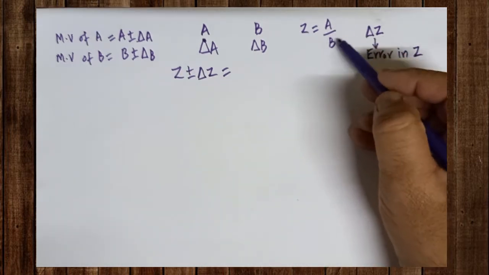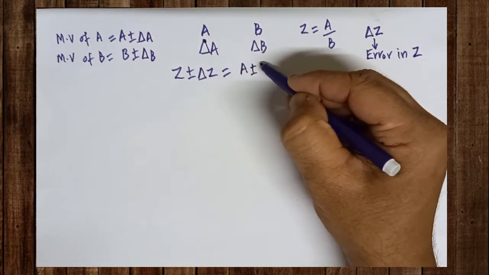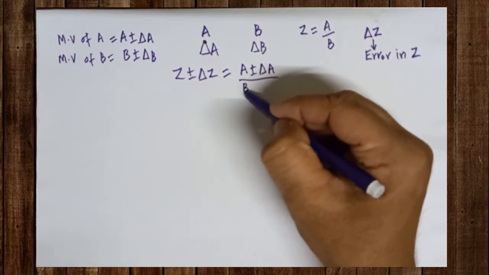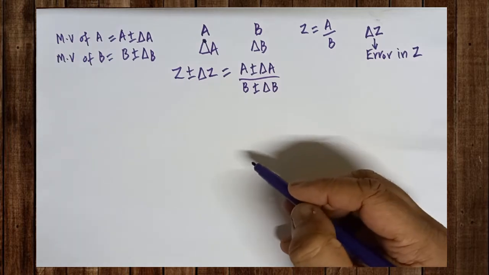So A plus or minus del A is to be divided by B plus or minus del B. In that format we have to write.